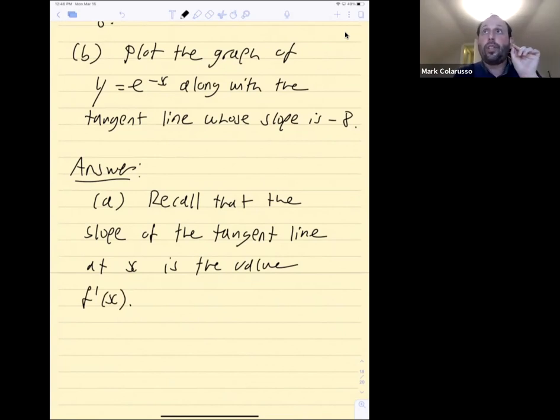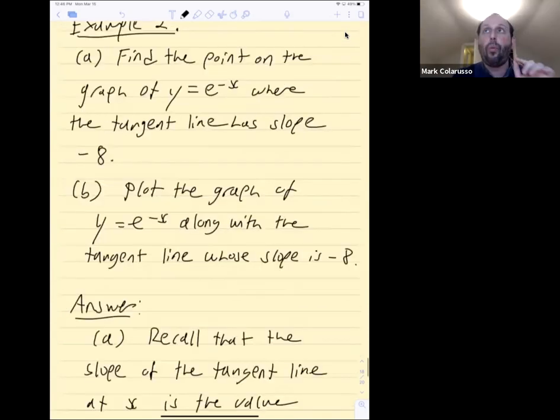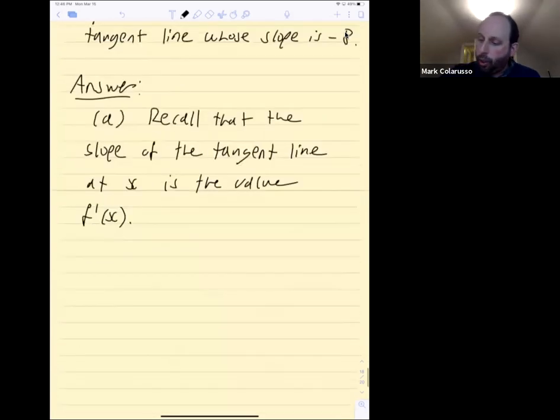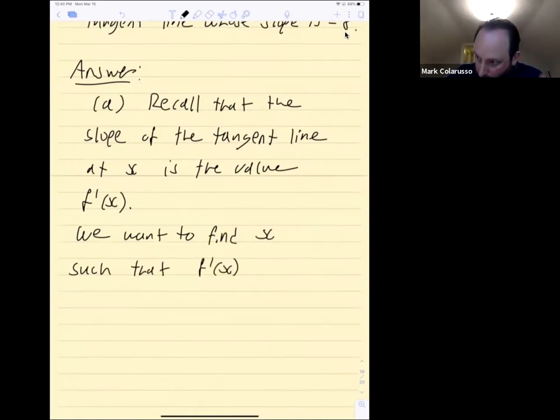The derivative function is the slope function. So what we're tasked to do in the first part is to find the x for which the derivative is equal to -8, such that the slope of the tangent line at x is equal to -8. So that's the equation we need to find and solve.